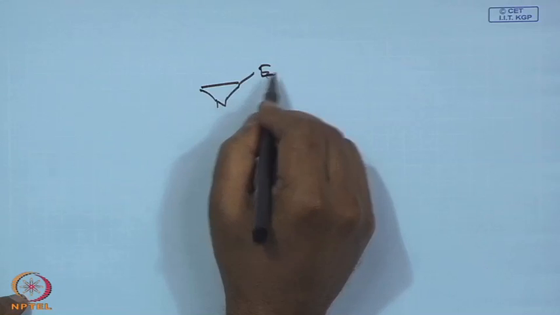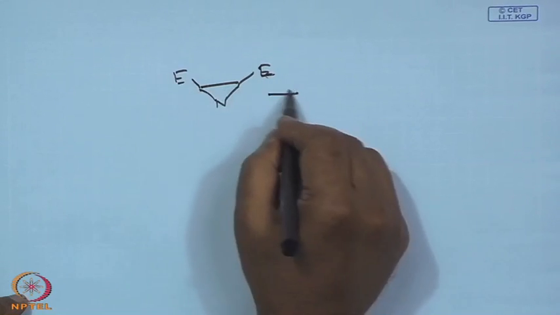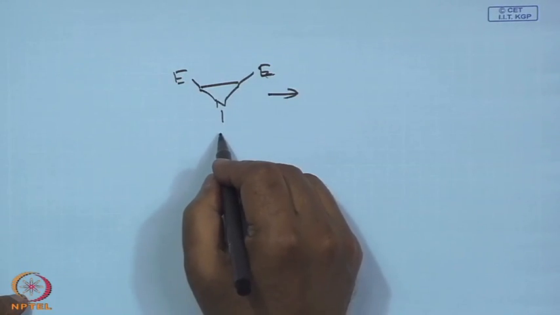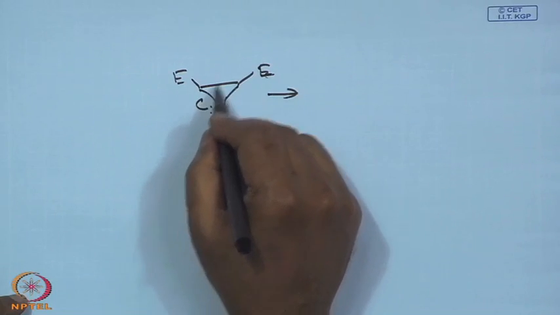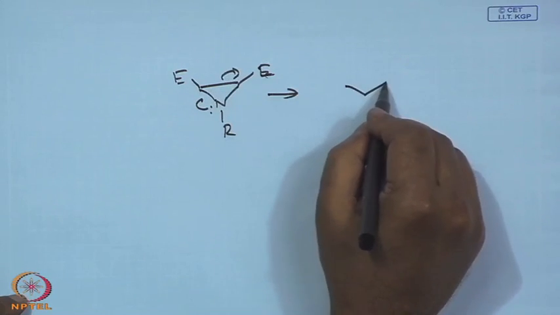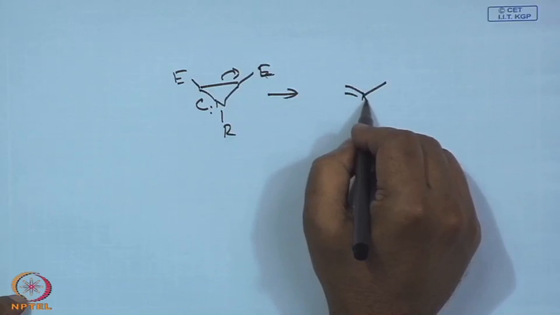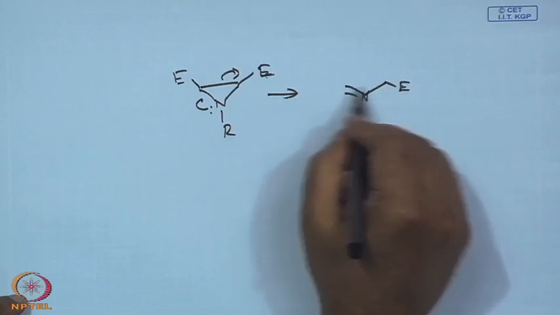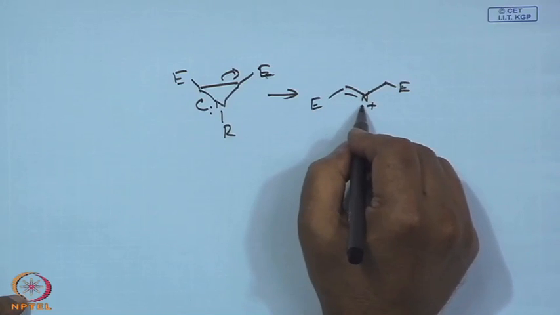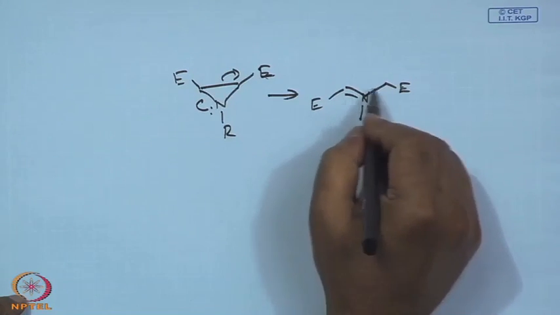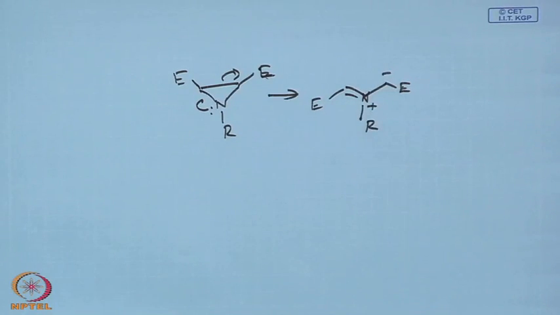And lastly, I think since still we can see here, let us say if you have E here and E here. So, you have a group, let us say R, the aziridine often opens up to give you this electrophile, this nucleophile, that means this is a dipole, right.